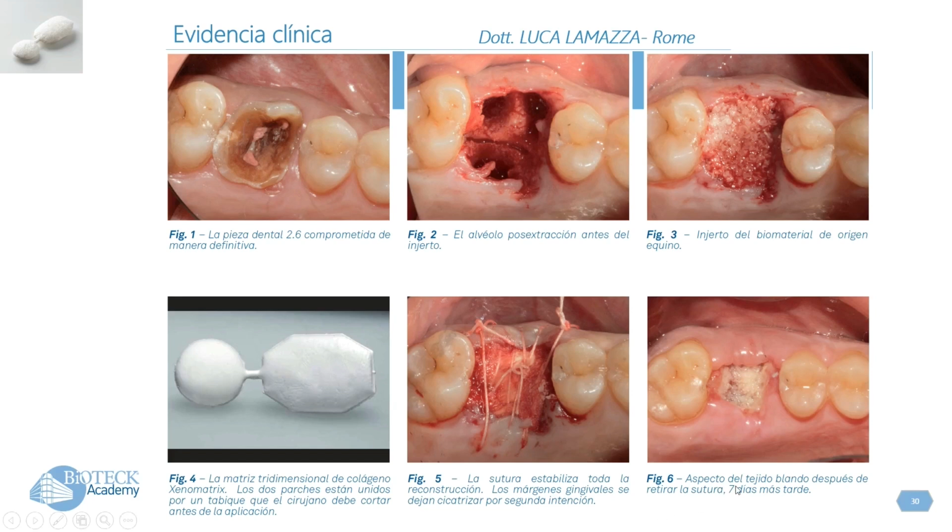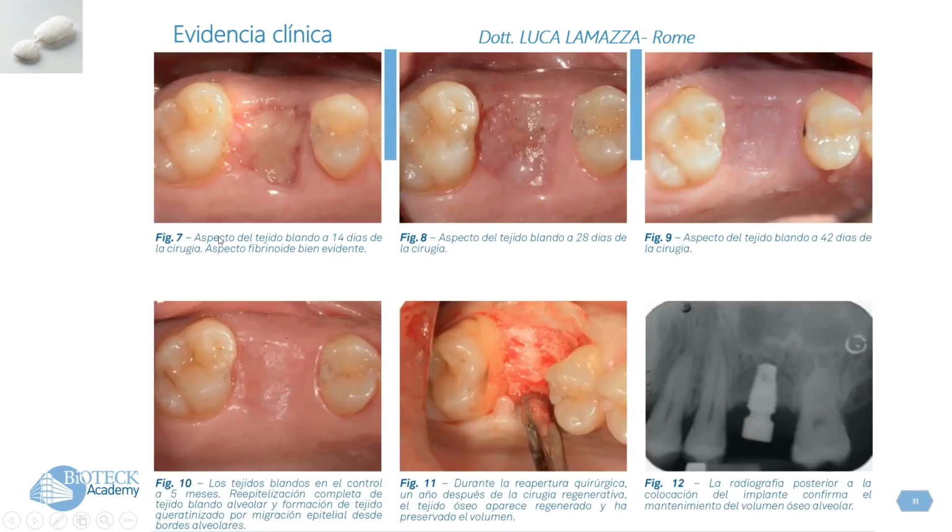And here we see the progressive healing of the Xenomatrix. This is the initial healing with this fibrin layer. And we see again this aspect at 14 days. At 28 days we see a more mature soft tissue, and at 42 days it is basically completely healed, as well as at 5 months, where it is ready for having the implants.